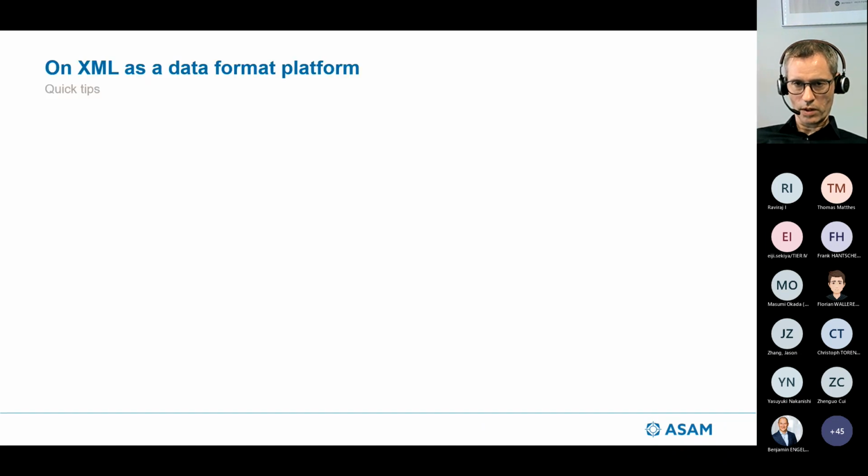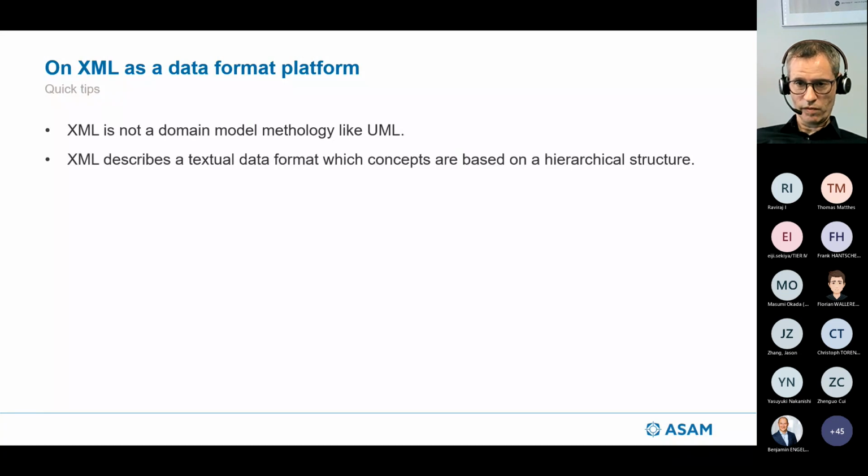So the first one is on XML. Just stated, XML is not a domain model methodology like UML. Moreover, XML describes a textual data format whose concepts are based on a hierarchical structure.